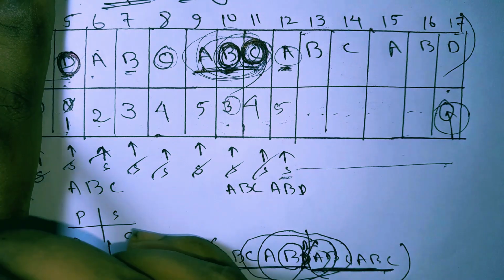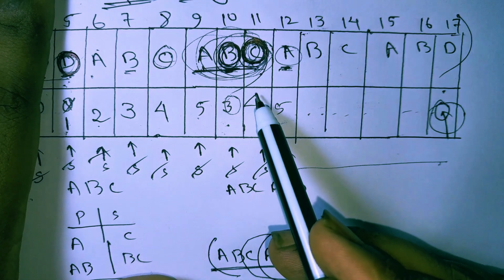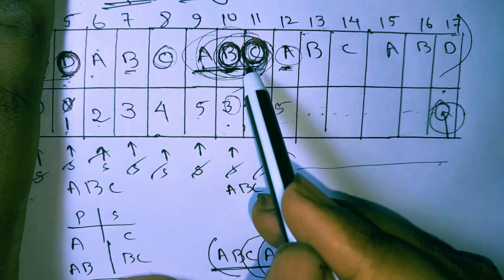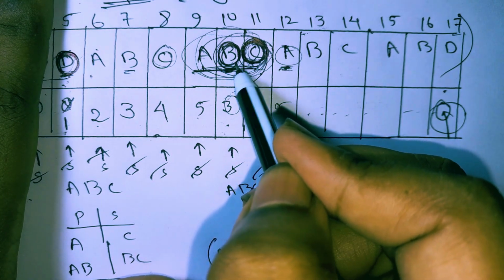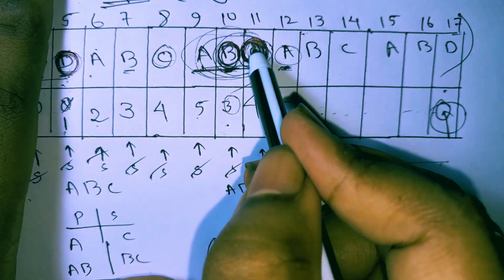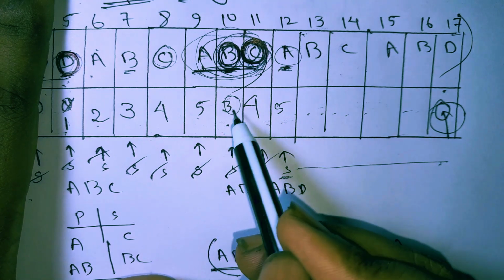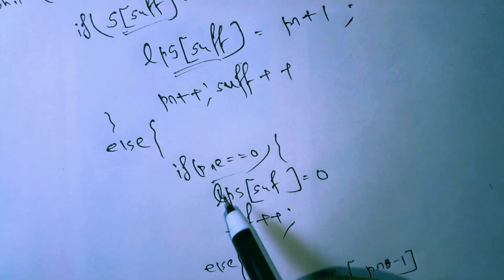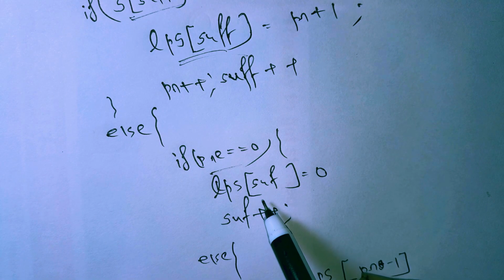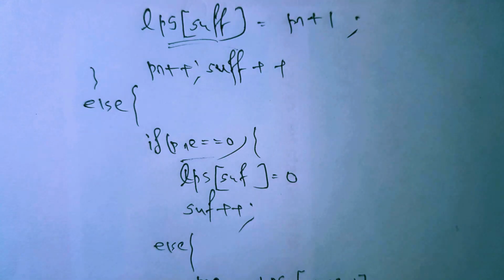So if there is no element, I can say that there is no common suffix or prefix. I have noticed that there is no more element, so I can put 0 here, as there is no element to compare. So I have written here, if prefix equals 0, then LPS of suffix equals 0, and I have increased the suffix for further comparison.